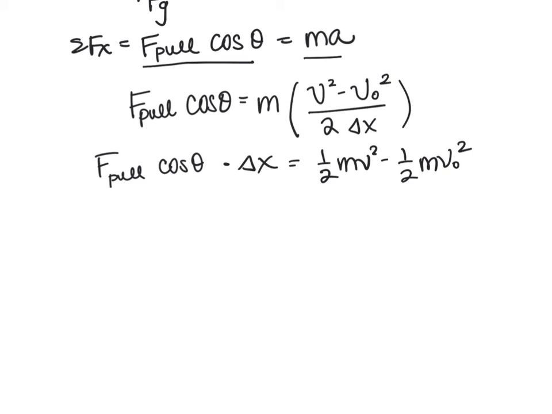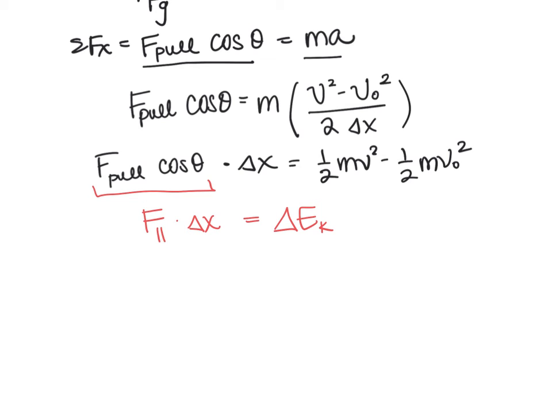So simply, this is the component of the force that is parallel to the distance times this change in position, and that causes this change in kinetic energy, or energy stored in the motion.